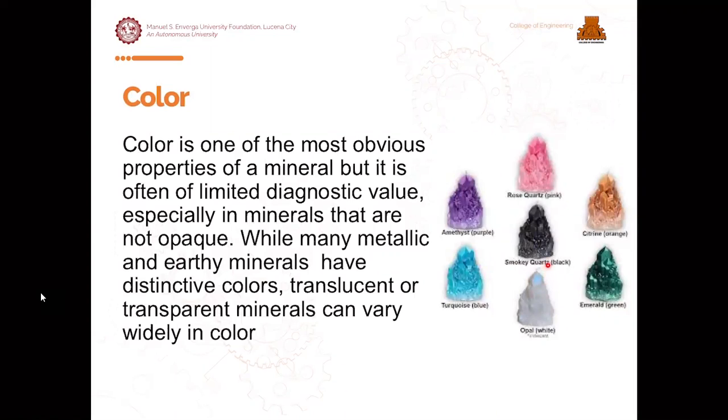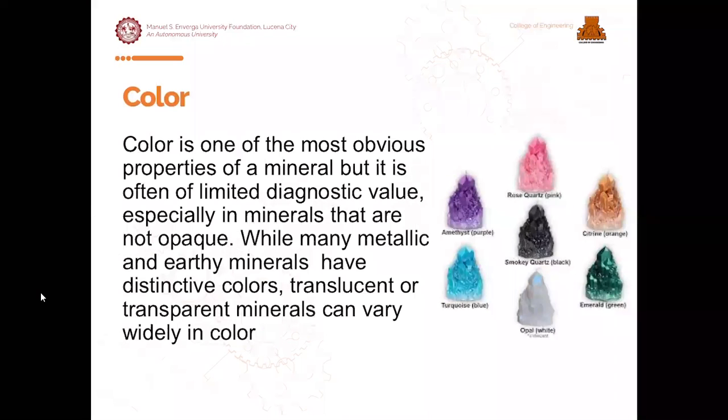Pero meron namang mga minerals na hindi mo agad ma-classify as quartz kapag hindi mo nakita yung kulay niya. Okay? So kaya dapat may iba pang requirement or property na i-possess yung certain material for us to be able to classify that into a certain type of mineral.